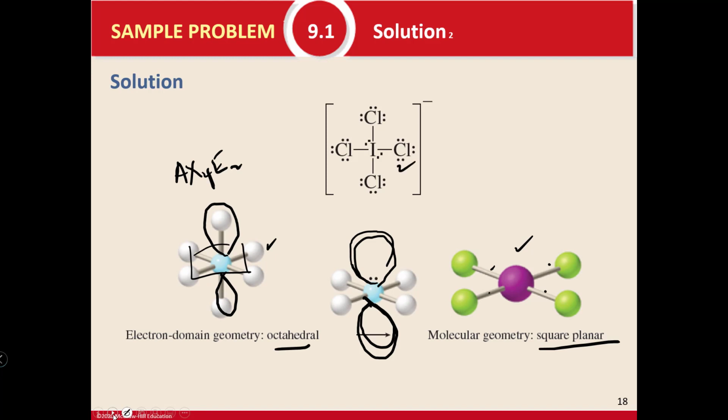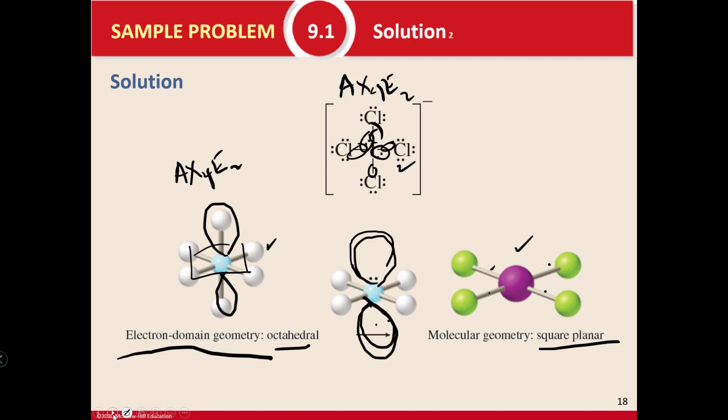That's how we knew it was. There's bonding group, bonding group, bonding group, bonding group, and then a non-bonding and a non-bonding group. So that's how we get 4 bonding groups and 2 non-bonding groups, or 2 lone pairs. Once we get that, we can get the electron domain geometry and put in the electron pairs.